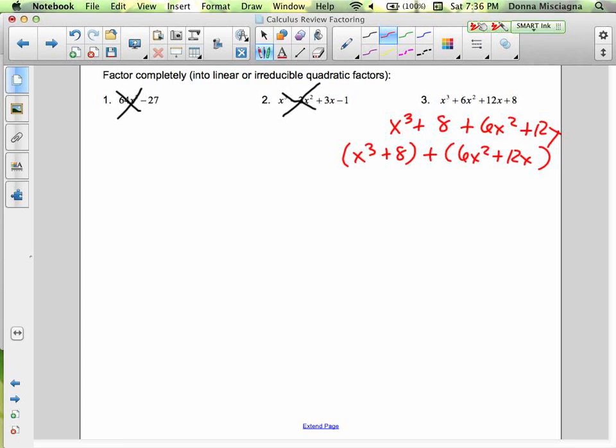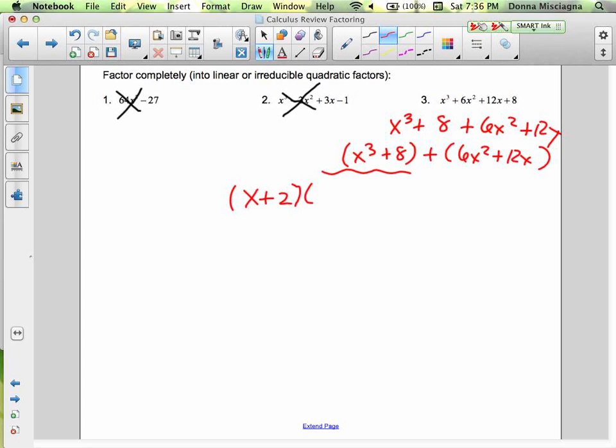We're going to factor using the pattern for a sum of cubes. So this would be the cube root of x cubed, so it's going to be x plus the cube root of 8, which is 2.